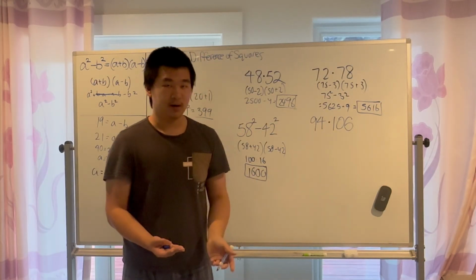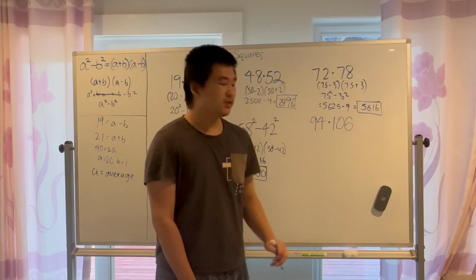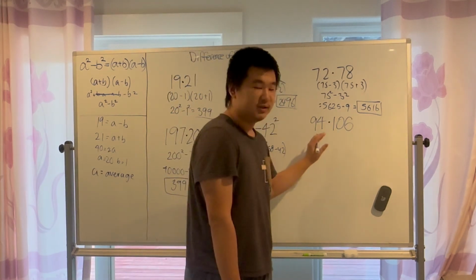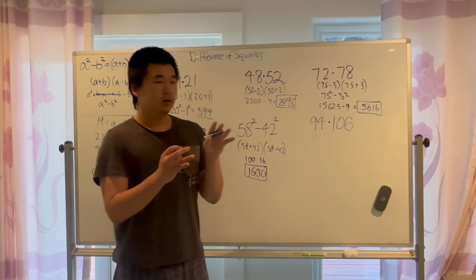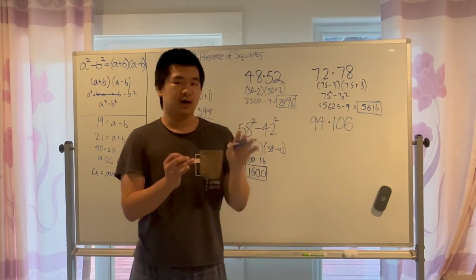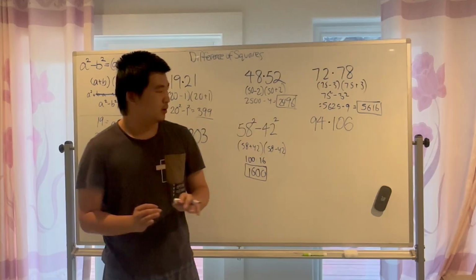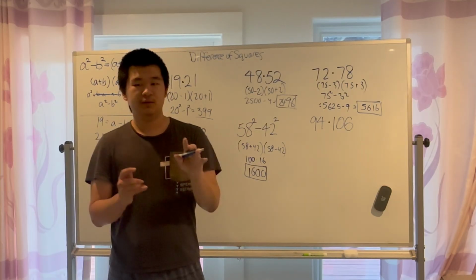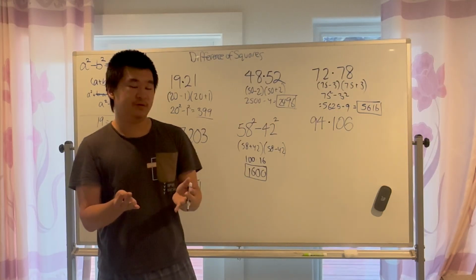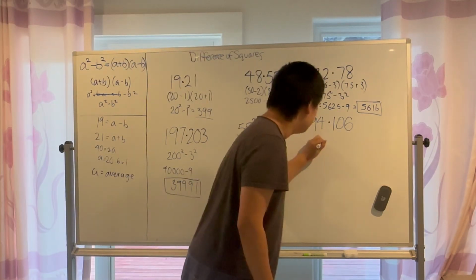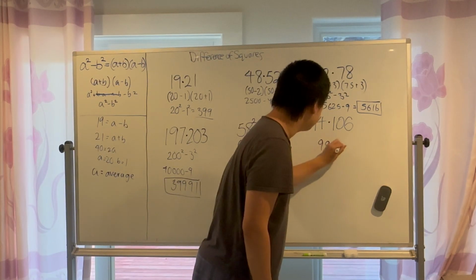We can use difference of squares, right? 94 times 106 is 100 squared minus 6 squared. So it's 10000 minus 36. Really try to do this in your head, but you can use scratch paper if you need. That's going to be 9964.